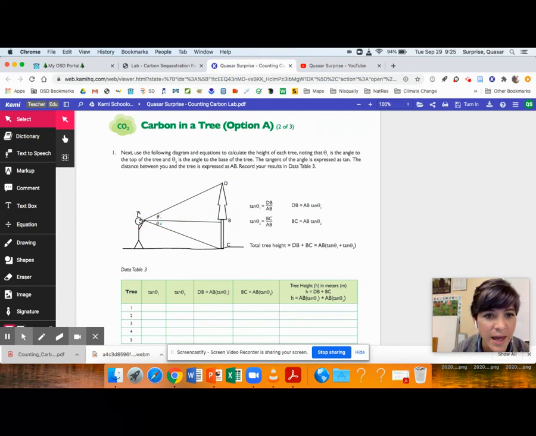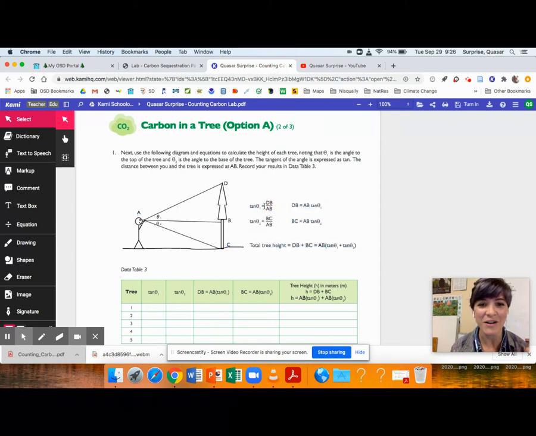The adjacent side is A to B, and the opposite side is D down to B. So this is the angle we're trying to figure out, and this is the opposite edge, and this is the adjacent edge. So tangent is opposite over adjacent. I remember SOHCAHTOA. And if all of that is like, what is she even talking about? Just ignore that part. And really all you got to do is plug and play.